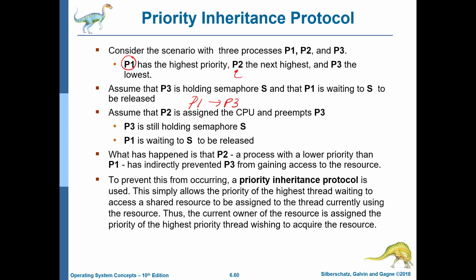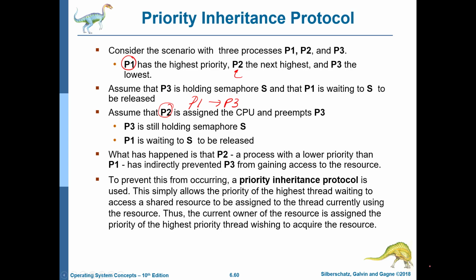Now what happens is suddenly process P2 is assigned the CPU because it has a higher priority than process P3. So what will happen is unnecessarily P1 will be waiting for P3, but P3 will not get scheduled because P2 has come in the middle and it is hogging the CPU, right? So in a certain sense, what is happening is that the very high priority process is waiting because of this particular corner case.